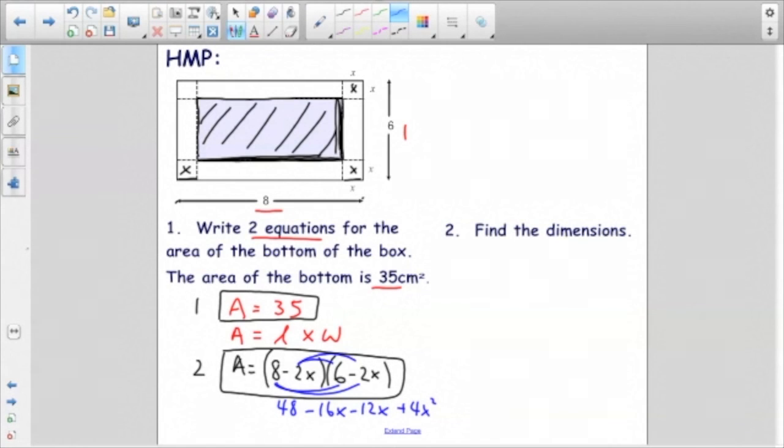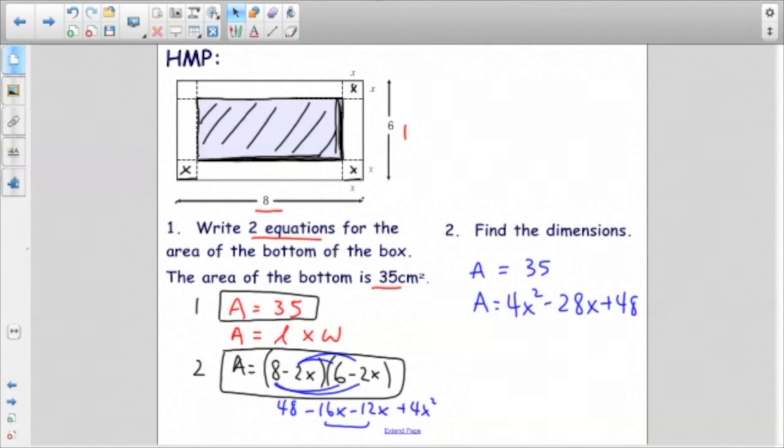Okay, so let's collect like terms. So we get the area, let's put it in order, and then we get negative 28x, and we have plus 48, and the other one we knew was 35.